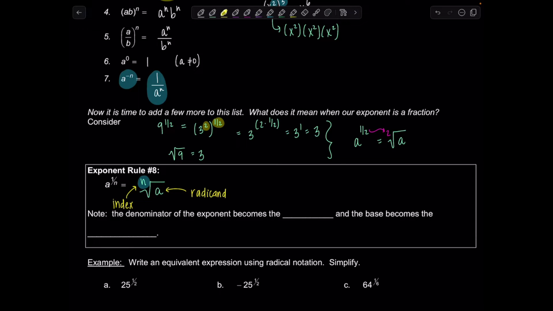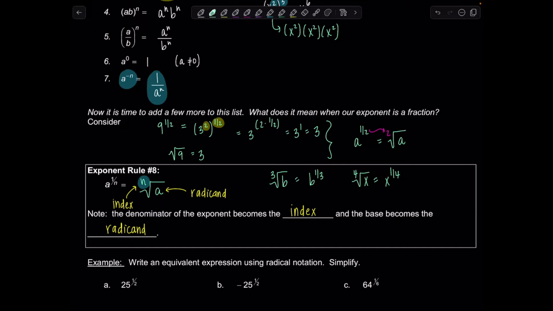I want you to notice that the denominator of the exponent becomes the index, and the base becomes the radicand. Whatever the denominator is here, that's the index. The base is the radicand. So for example, the cube root of b is the same as b to the 1/3. The fourth root of x is x to the 1/4, and so on and so forth.